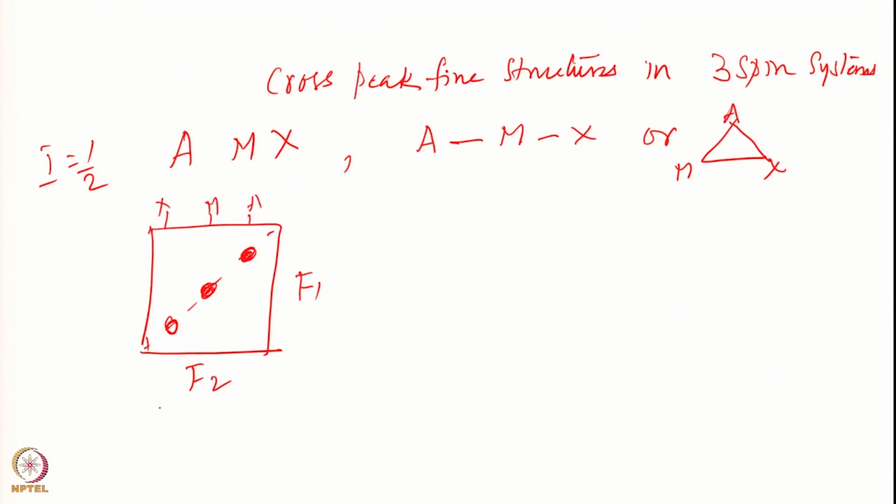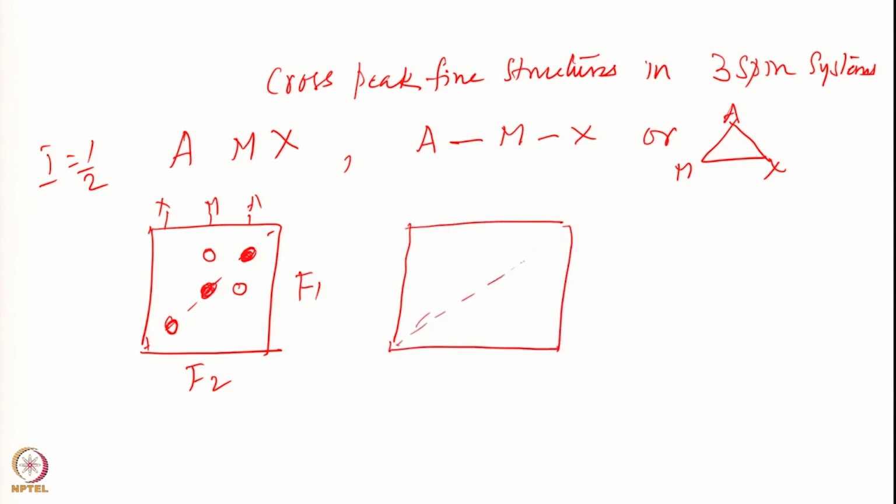Now what cross peaks do we see? So we will see a cross peak here and a cross peak here, A to M. In the case of, if it were a linear system, we will have two different things. So let me draw that here, for the linear system, this we call it as the linear system.